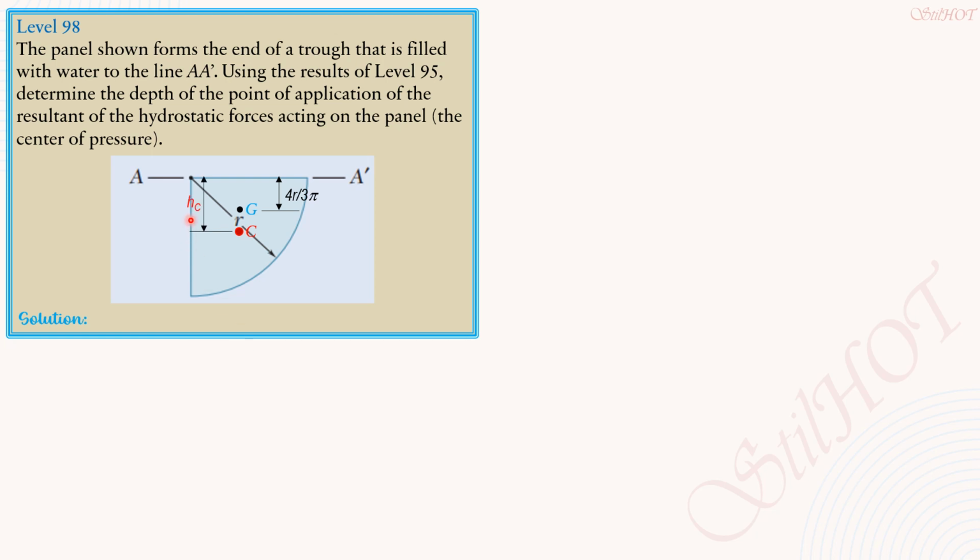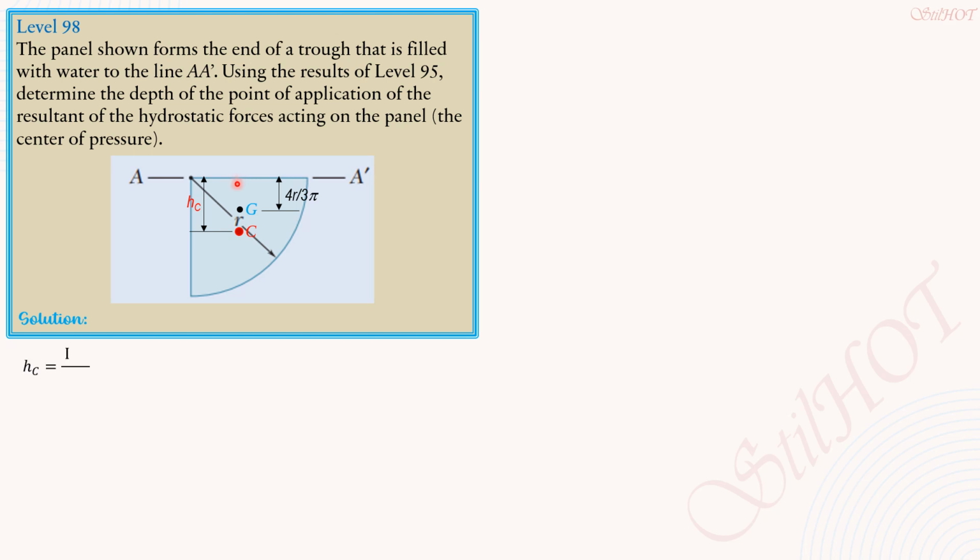And h sub c, remember, is equal to the moment of inertia of the quarter circular section with respect to AA' divided by the moment of area of the quarter circle with respect to axis AA'.